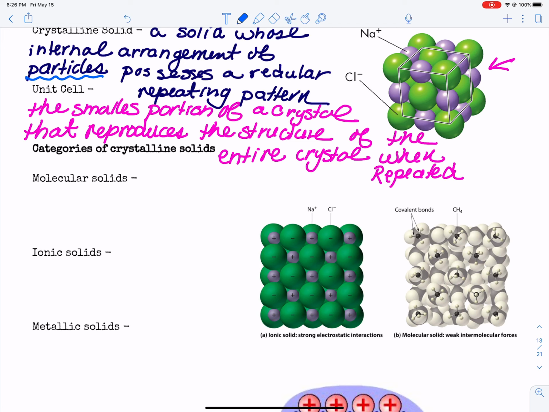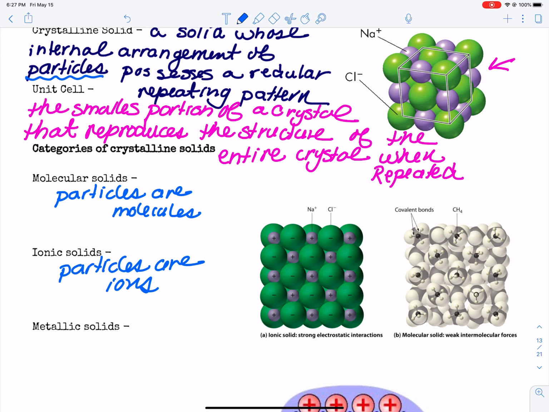In a molecular solid, the particles are molecules. In an ionic solid, the particles are ions. And in a metallic solid, you guessed it, the particles are metals.